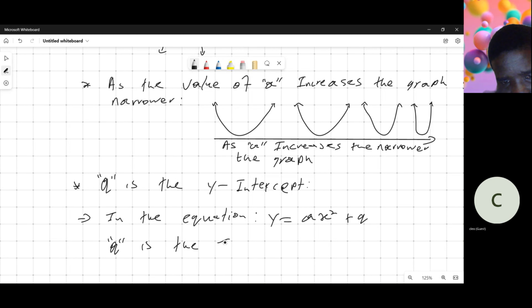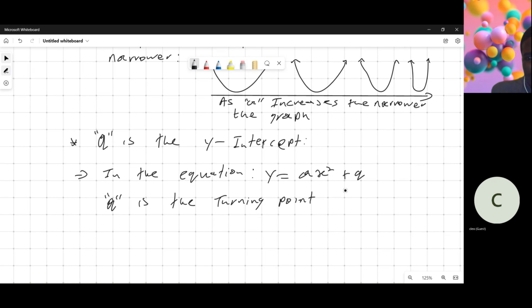In this equation, y equals ax squared plus q, Q is the turning point until we are up to grade 11. We'll tell you the new turning point then. It will no longer be q. Q is the turning point, meaning q determines the value of y where the graph will turn.